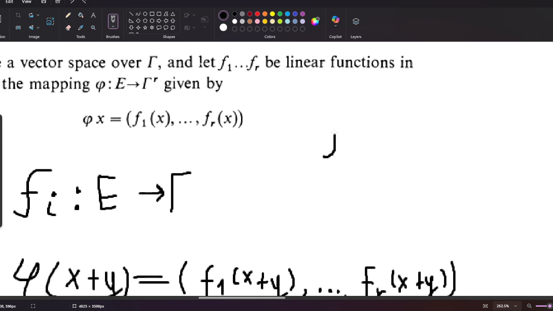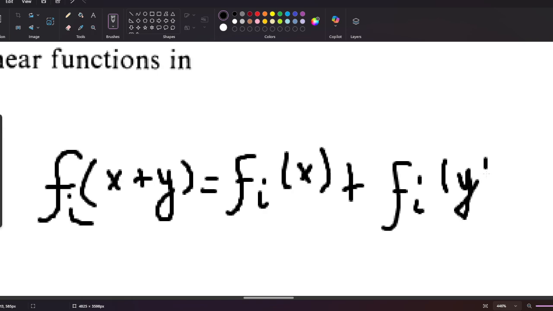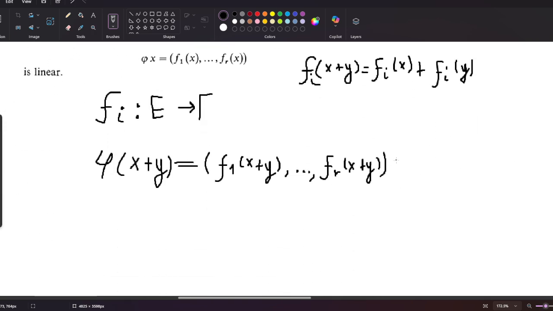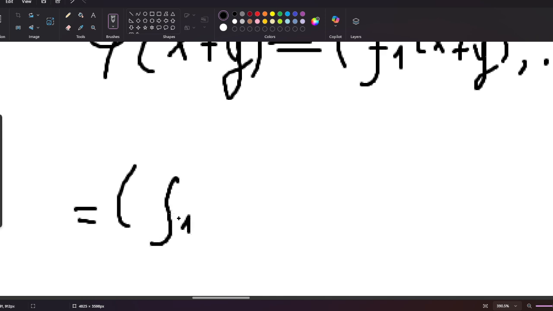That means that if we were to plug in x plus y into it, we're going to get the sum of f_i(x) and f_i(y). So essentially we can split it into tuples and write it down as the sum of them.